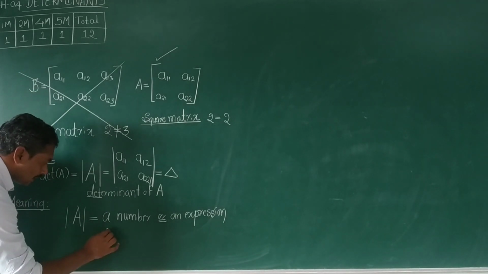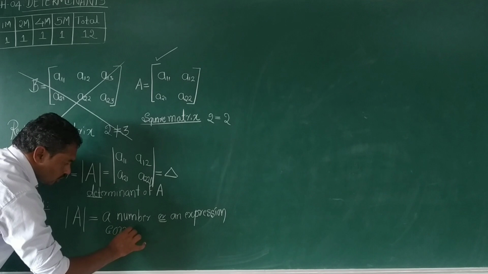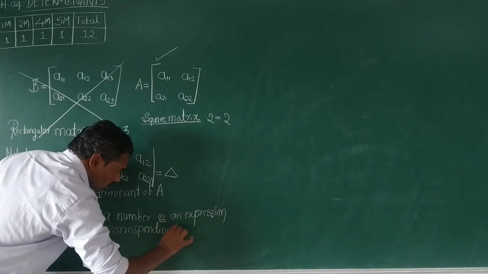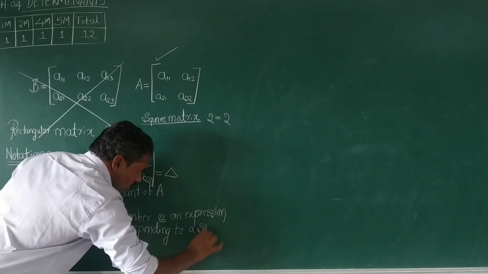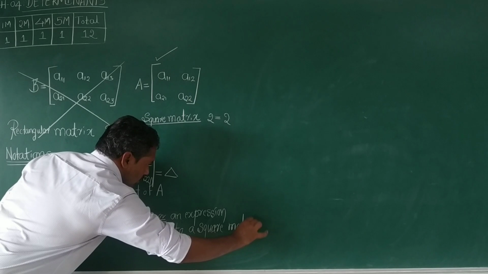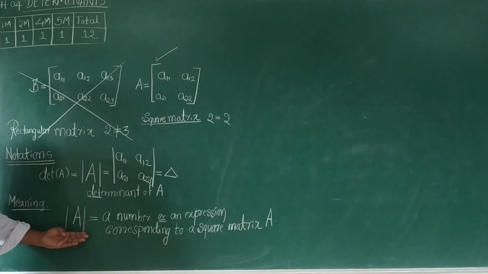So determinant is the number or an expression corresponding to a square matrix. Okay. So what is determinant?